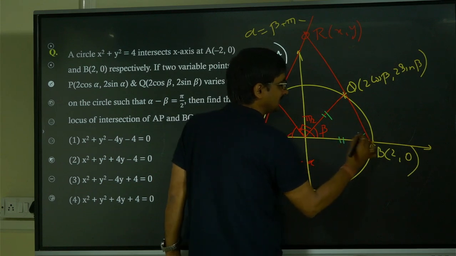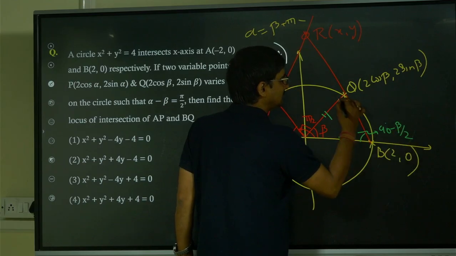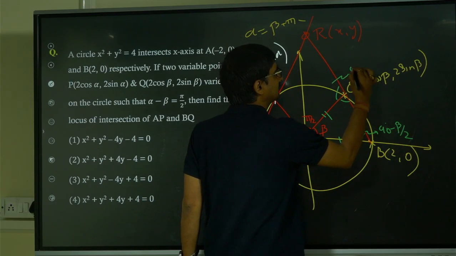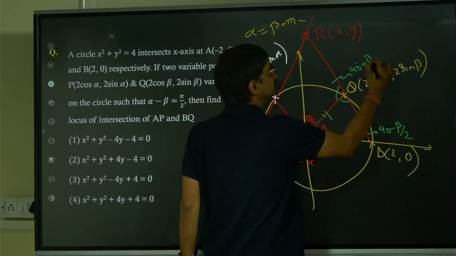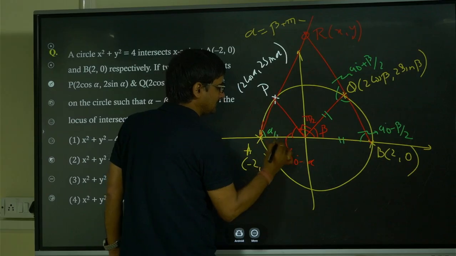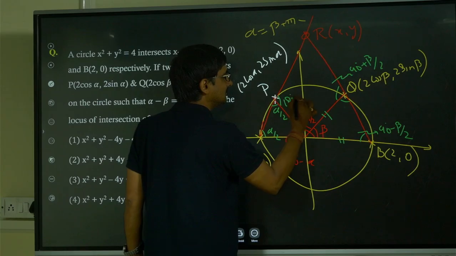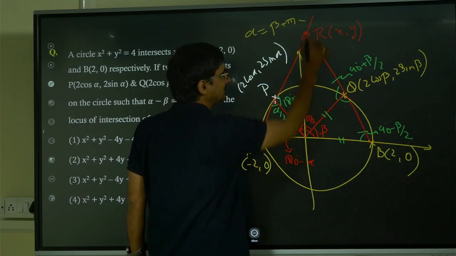So this is 90 minus beta by 2. So this is 90, this is 90 plus beta by 2. Similarly, 180 minus alpha, so this is alpha by 2, alpha by 2, so this is 180 minus alpha by 2.